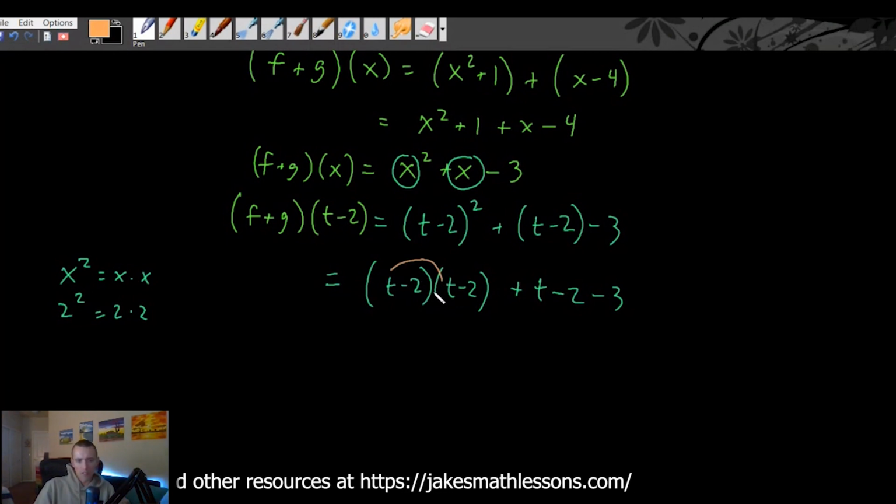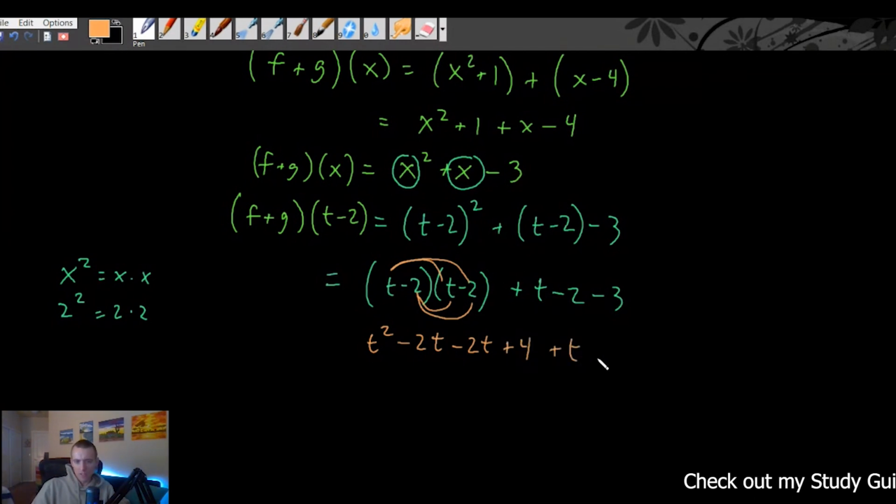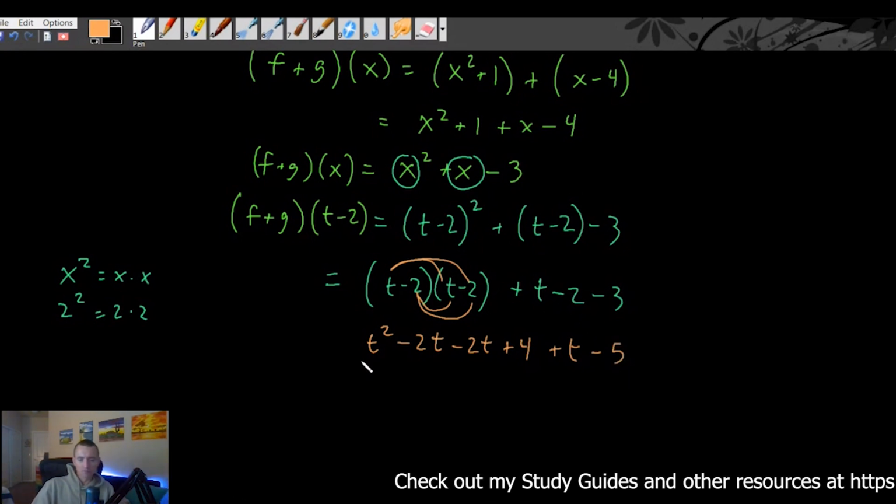So t times t is t squared. t times negative 2 is minus 2t. Negative 2 times t is minus another 2t. And then negative 2 times negative 2 is plus 4. Then we still just have plus t. Minus 2 and minus 3 will just combine to minus 5.